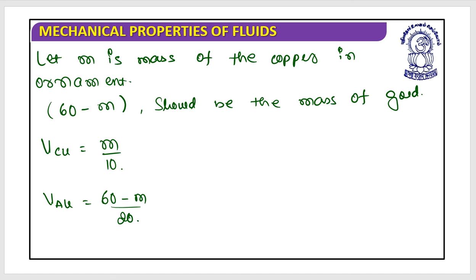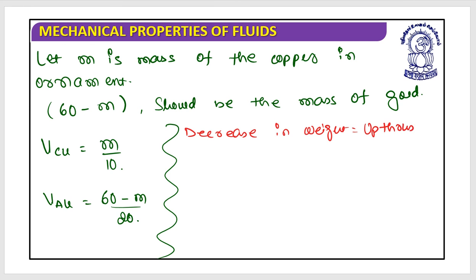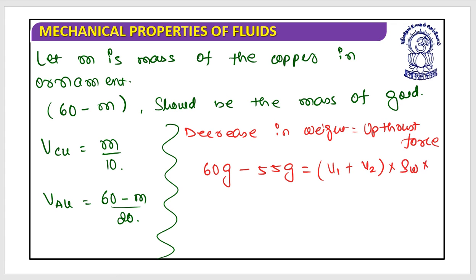Now this was the situation. Now let's suppose the situation is that when they have been put in the water, the decrease in weight will be equal to the upthrust force. So the situation will be 60g minus 55g, equal to V1 plus V2 multiplied by the density of water into g.